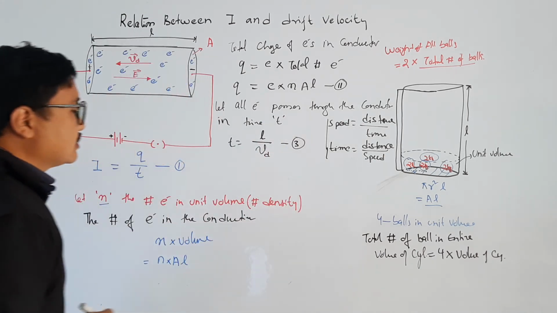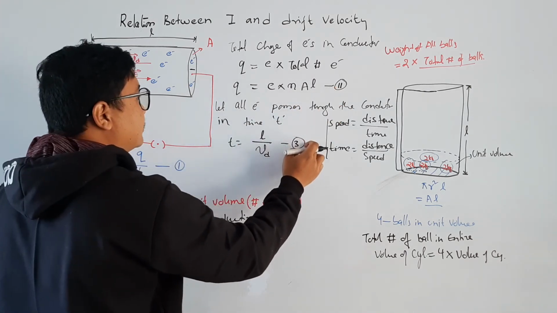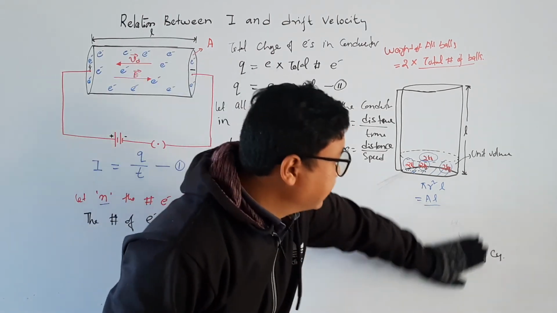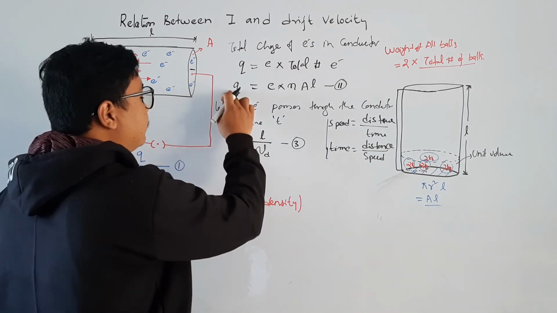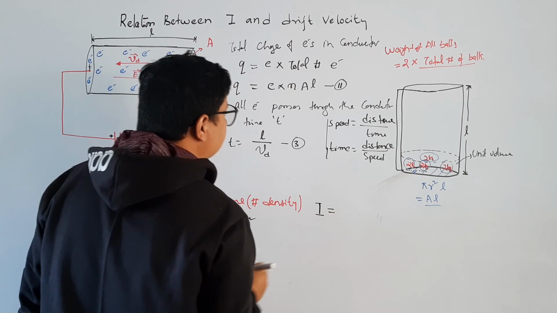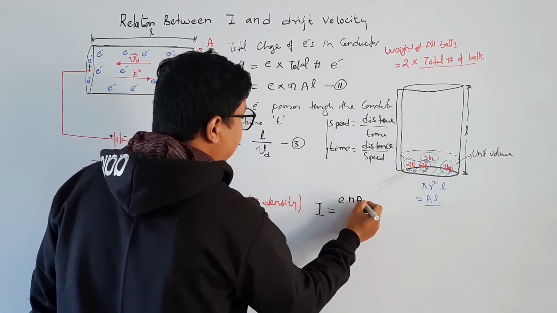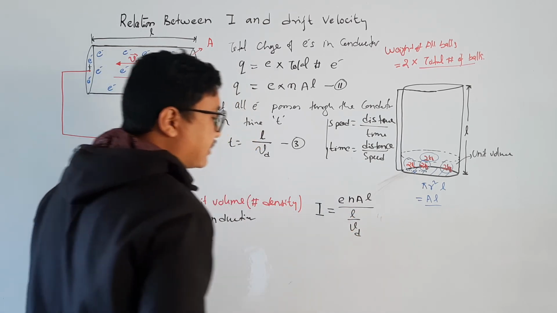Now we can substitute equation number 2 and equation number 3 in equation number 1 to get the relation between current and drift velocity. Substituting the values of Q and t in equation 1, the current I is equal to e N A L divided by V d.